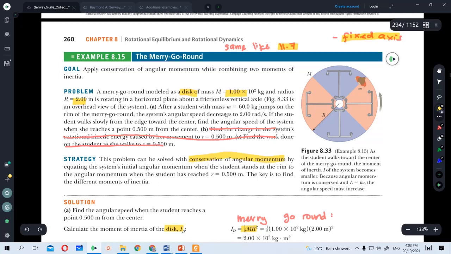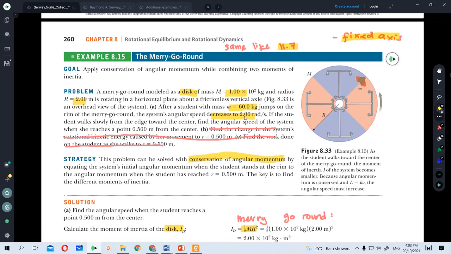Right afterwards, a student who is 60 kilogram jumps onto it, and what happens is the angular speed decreases. They want you not to bother about the direction, because the direction would be conserved, remember? So this is our new omega.